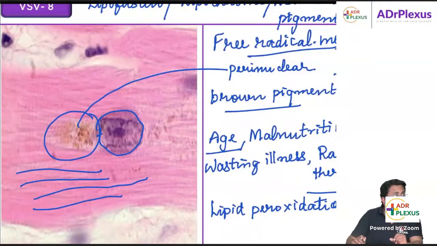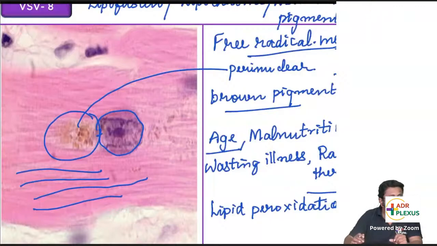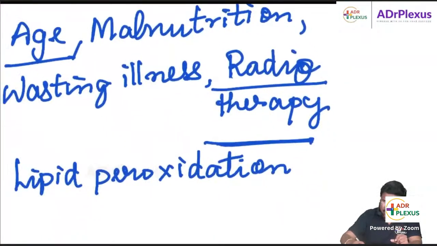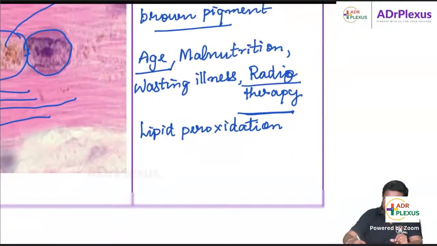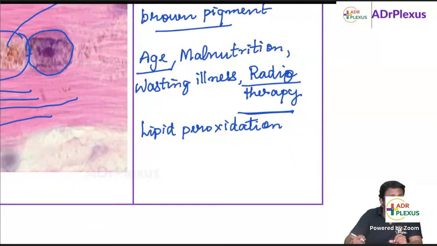Aging pigment, cancer cachexia. Very good. Radiotherapy, wasting illness, radiotherapy. Okay. Lipid peroxidation. Yes, polyunsaturated fatty acids. Very good.